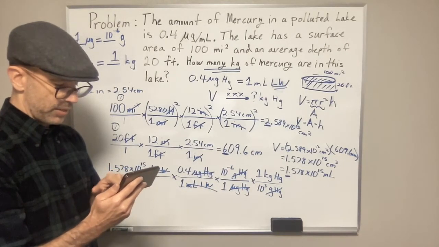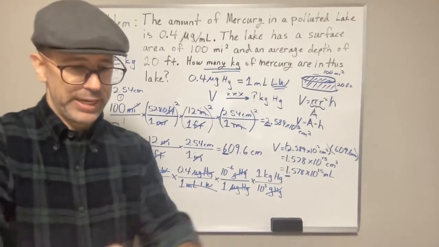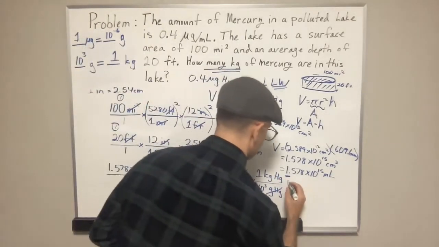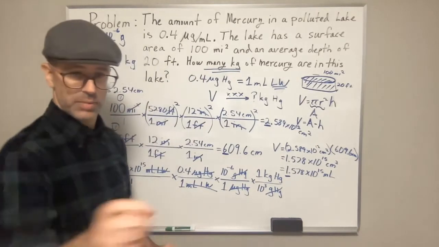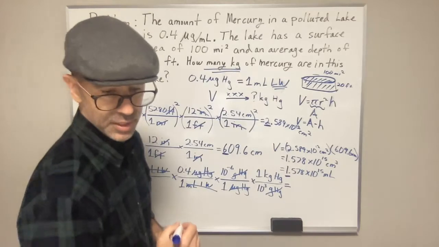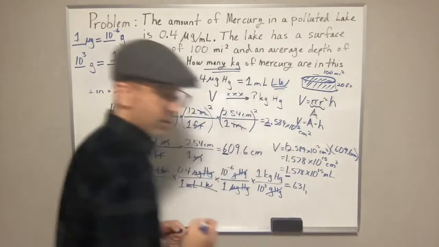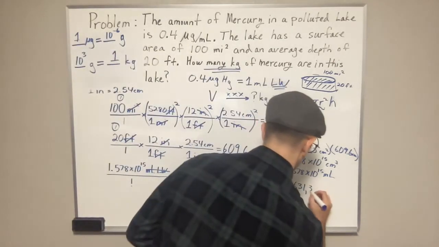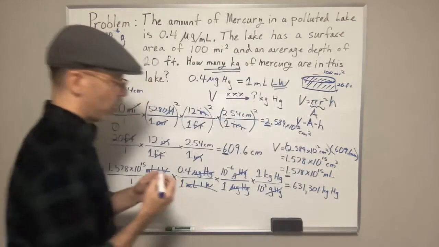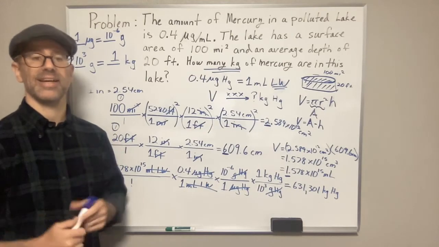So divide that by 1,000 equals, and my final answer that I get is, oops, let me use my marker. So that's equal to 631,301 kilograms of mercury. So that's our answer, but we're not done yet because the next thing is sig figs.